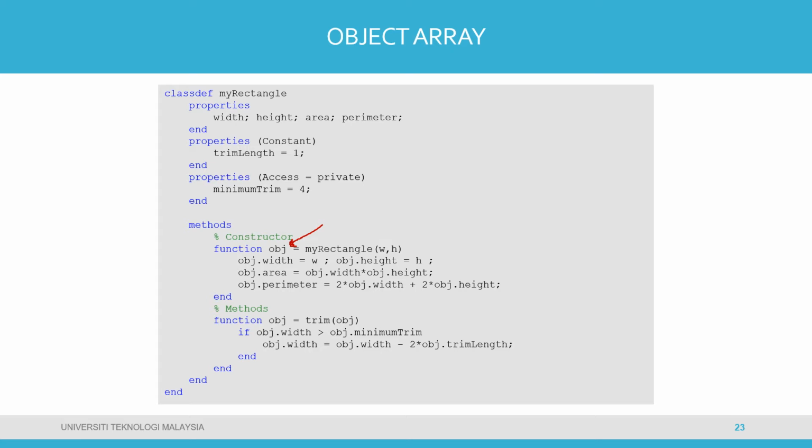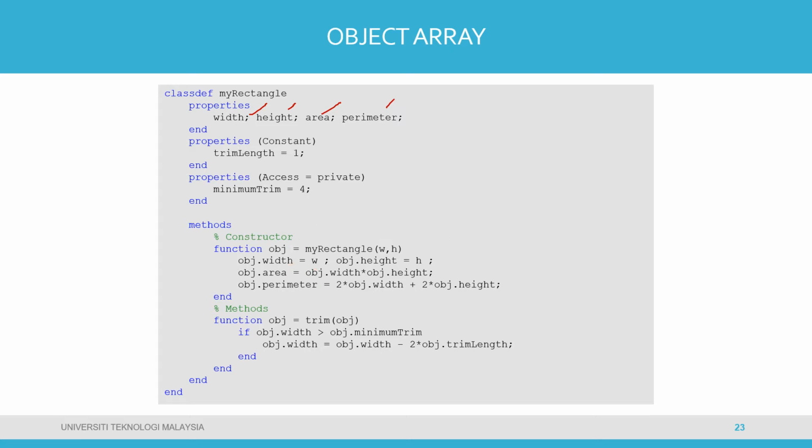So object width, you insert here. Object height, you insert the height, and of course you have to define, because in your properties you have width and height, area and perimeter. When you have area and perimeter, you have to calculate it.